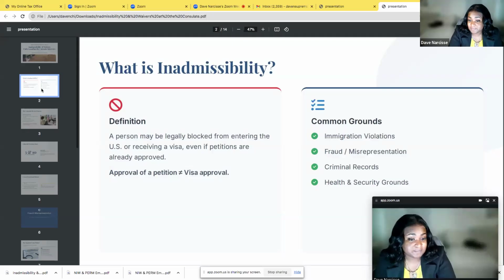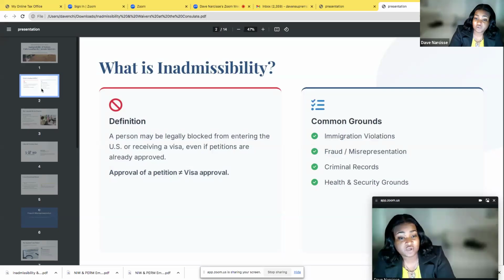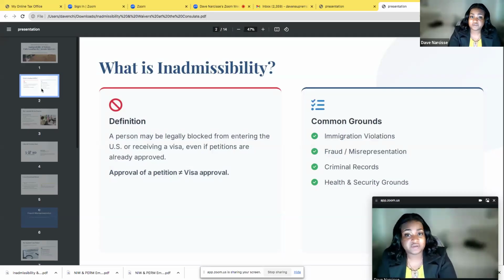If you have lied in the past and they discover that, or, as we spoke of in our previous video, if you have sent a frivolous asylum application, if you have a criminal record, or if you have some type of health or security grounds, those are reasons that could stop you from getting a way into the United States, even if you qualify for those pathways: family, employment, or humanitarian.